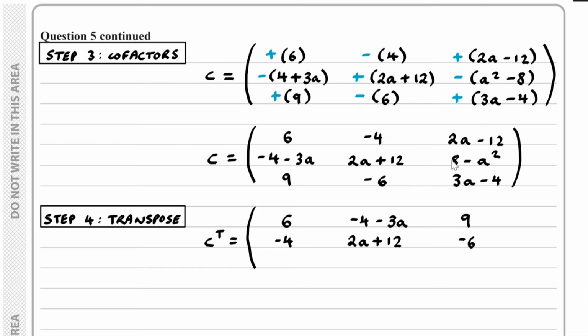And then the third column becomes the third row, so here I have 2a minus 12, 8 minus a squared, and 3a minus 4. So that is the transpose of C.